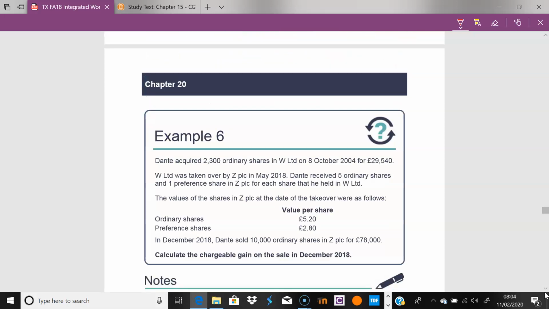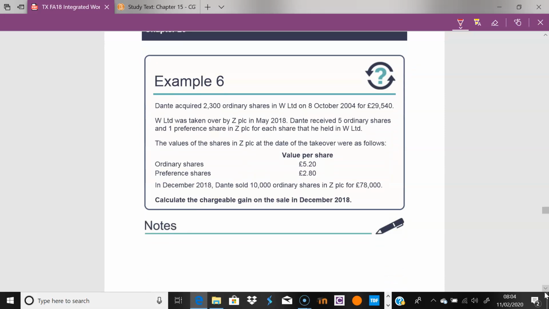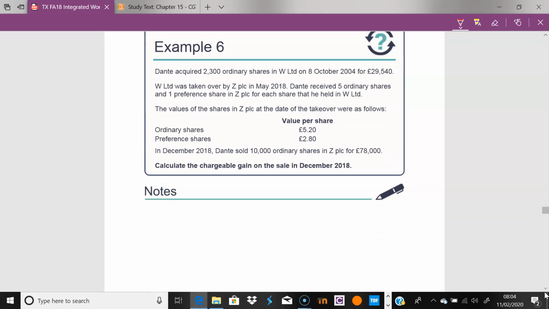Let me show you what I'm going to try and do: teach this conceptually, so that from what we've been doing, you'll see that once you get the principle, it is actually straightforward. I'm going to use that concept of land again. It's the same one, it works all the time. So you acquired some shares, 2,300 of them, for 29,540.